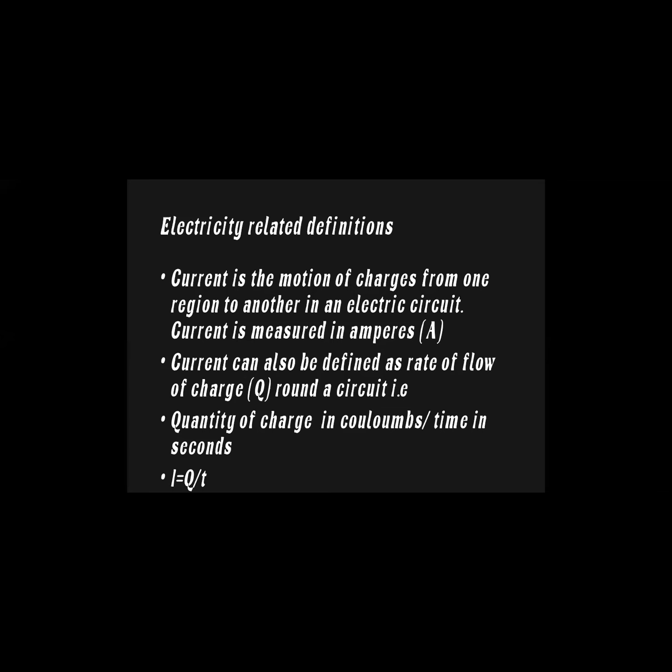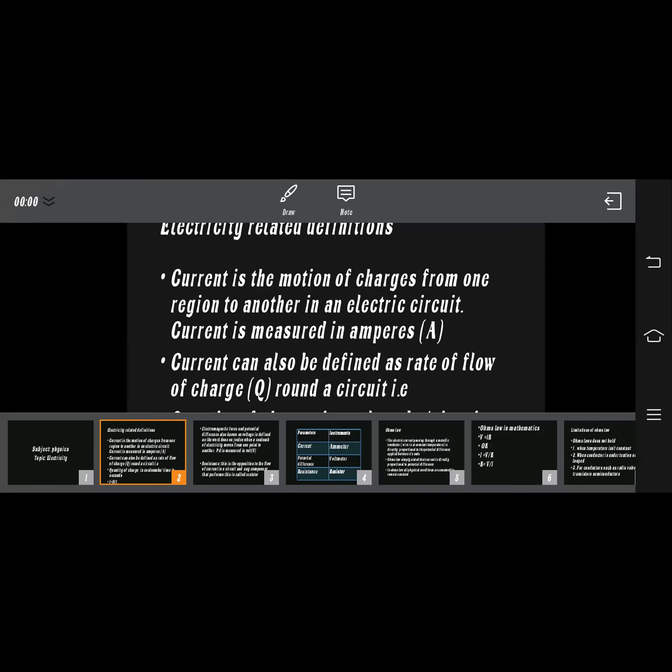What is current? Current is the motion of charges from one region to another in an electric circuit. I just spoke about charges a few minutes ago. So current is the motion of those charges. When those charges are moving, then we can say there's electric current.